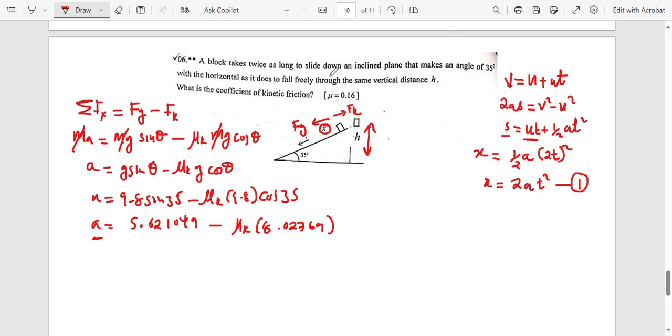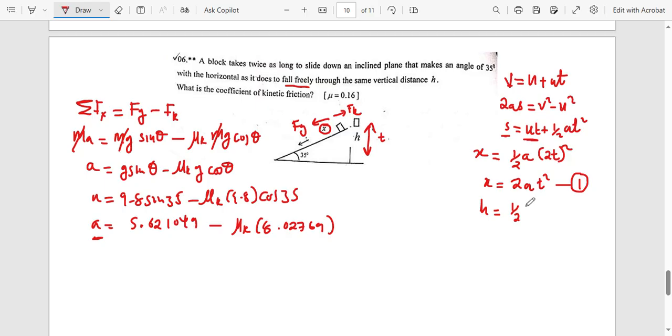We've been told it takes t to fall freely through the same vertical distance h. So falling again, I'm still going to use the same equation. s is equal to, but for s we are using height there. And it's still falling freely, so meaning starting from rest, u is 0. So we're going to have half.